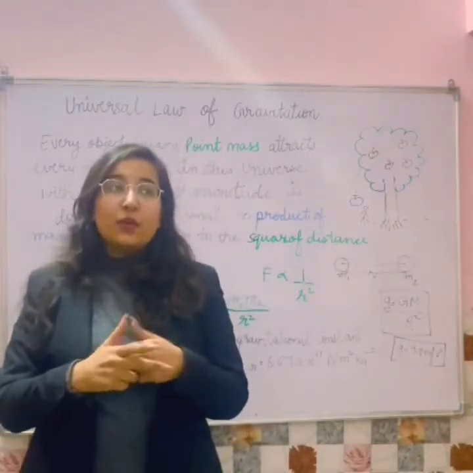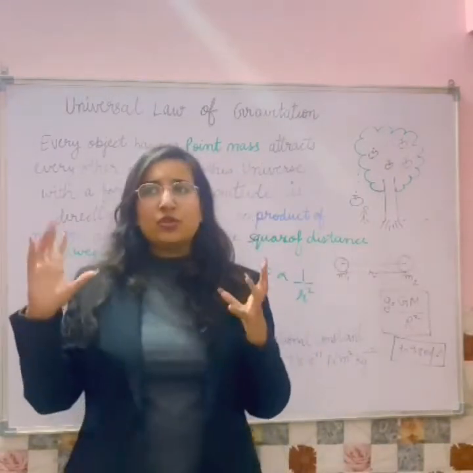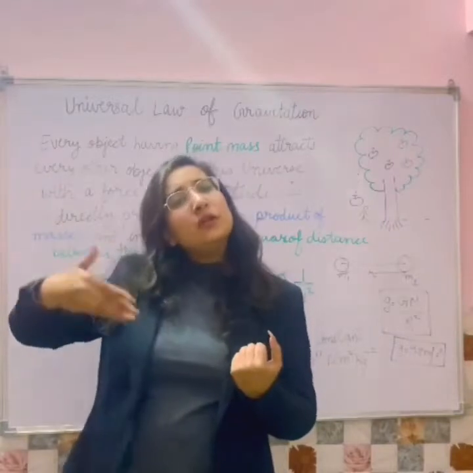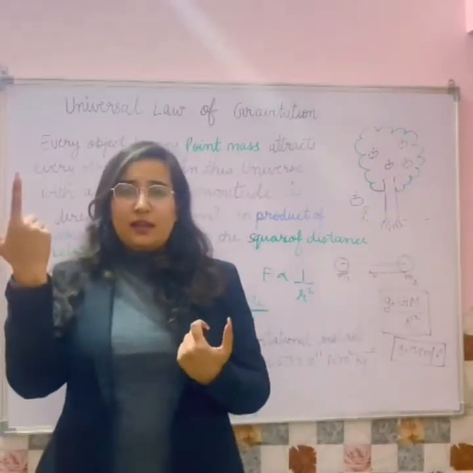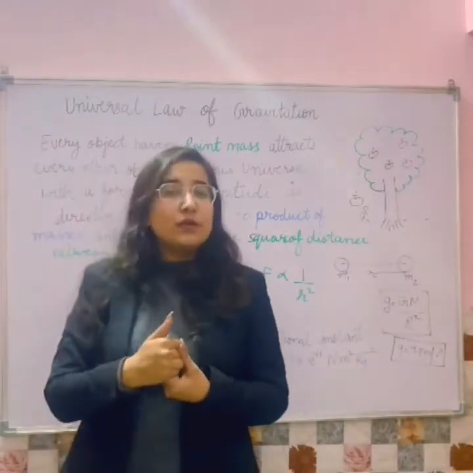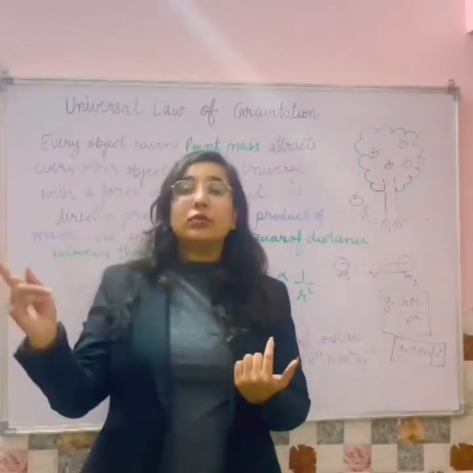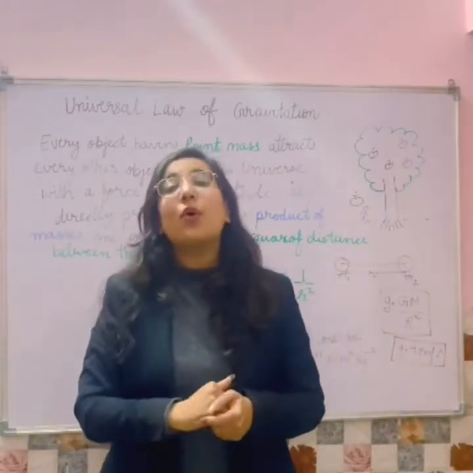The second thing which comes to mind is the motion of the moon around the earth. Why does the moon not fall towards the earth? The moon is also up in the air, so why doesn't it fall towards the earth? It's because the moon is orbiting around the earth with the help of a centripetal force.